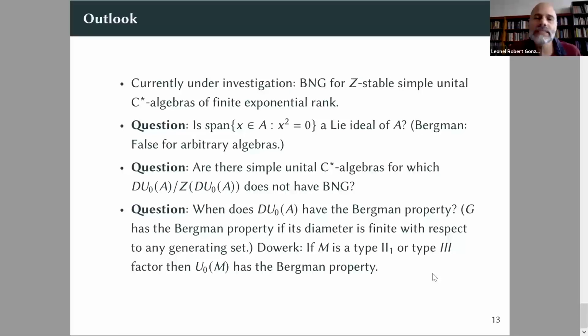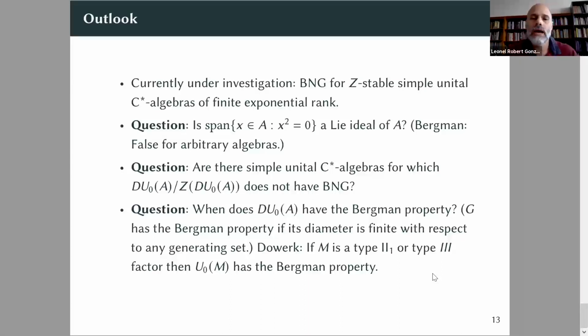It basically says that for any generating set, which doesn't have to be invariant under conjugation, your group has finite diameter. So anything is a finite word on a generating set. Bergman proved this for the infinite symmetric group, and Dowerk proved it for the unitary group of type II_1 and type III factors.